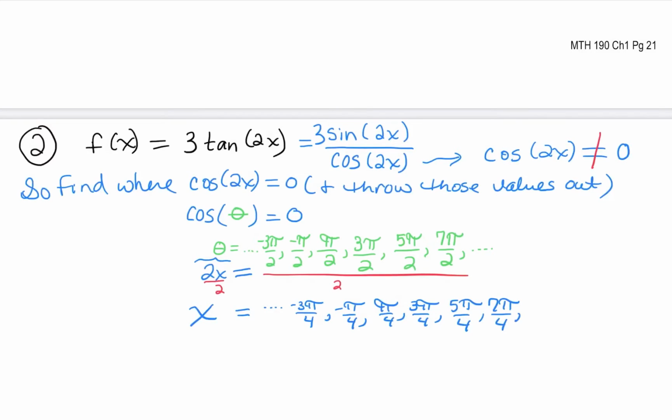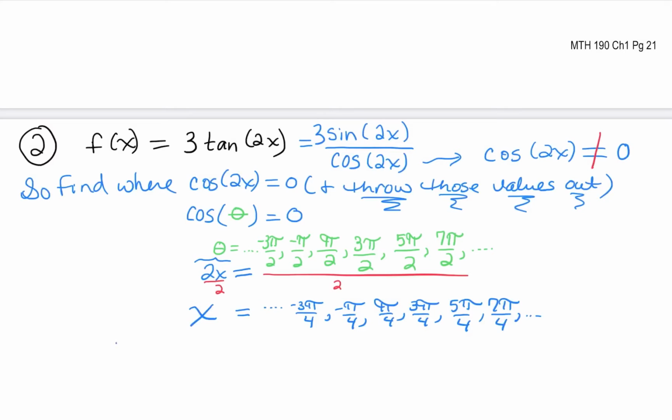So we end up with these being our infinite set of values that, again, remember, are the values that we have to throw out. So that means that the function is continuous everywhere except for these values. I'm going to choose to write this with some set builder notation.